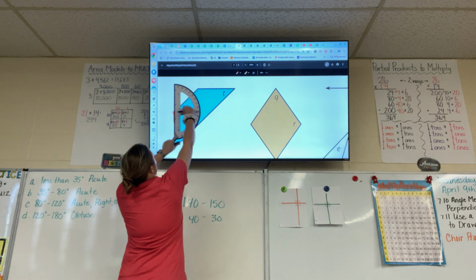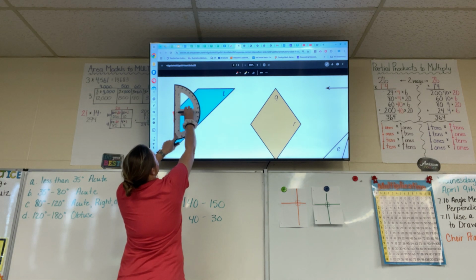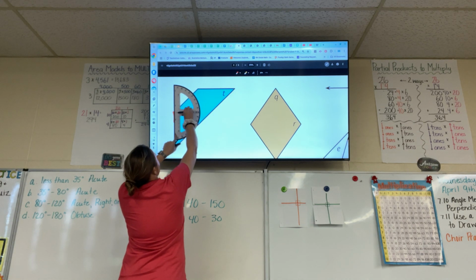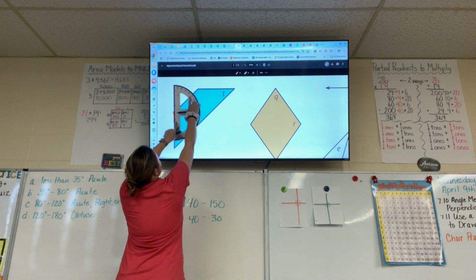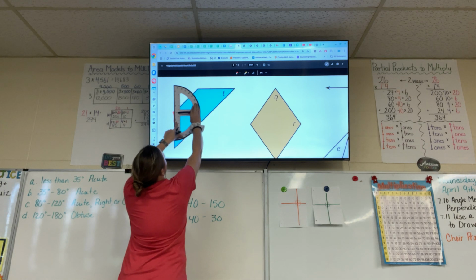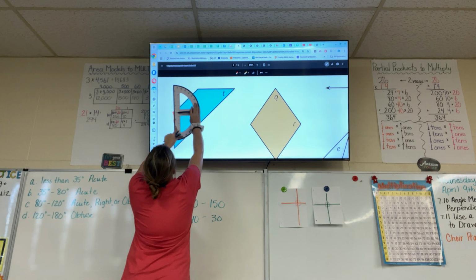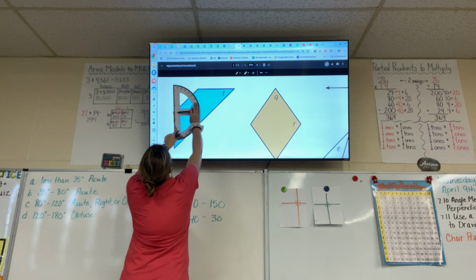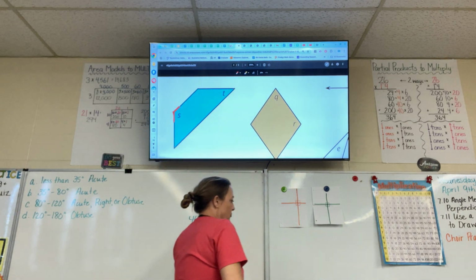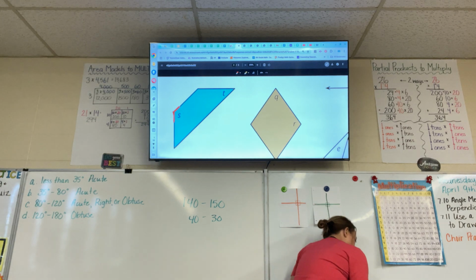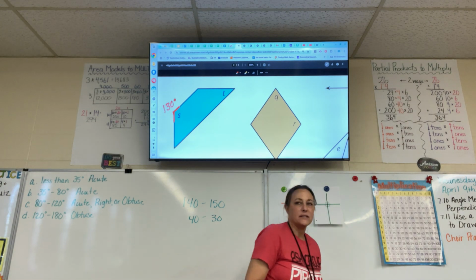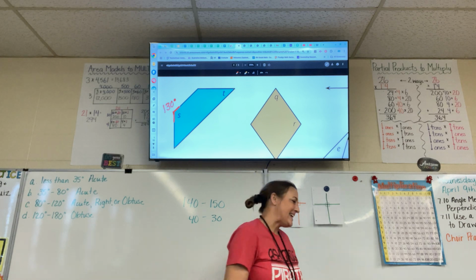So I'm going to put my protractor where it's inside the angle and line it up with the corner, and this appears to be pointing about 130. It's about 130. All right. 130 degrees.